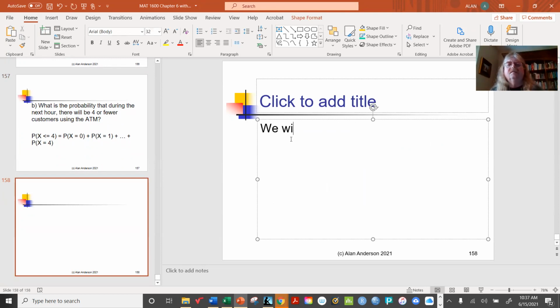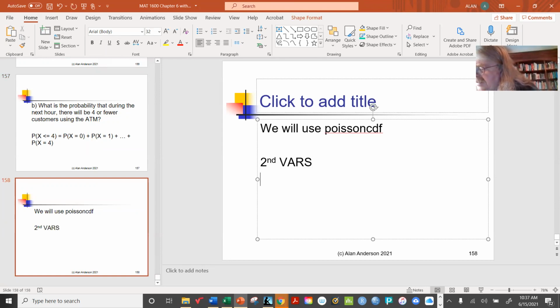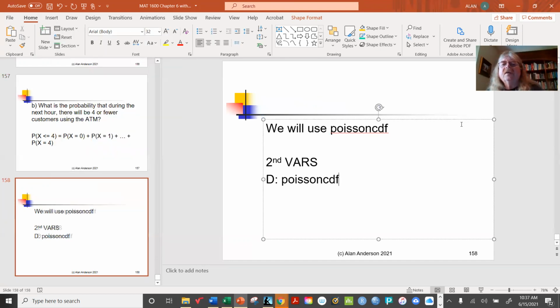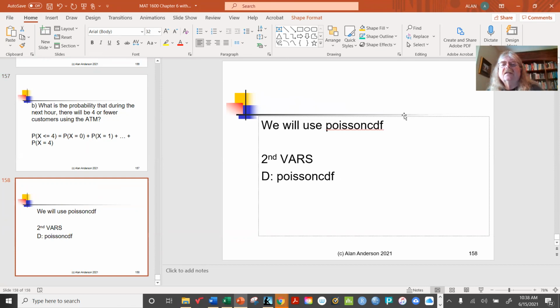Poisson CDF. So go to 2nd, VARS, and then this time we're looking at D, which is Poisson CDF. Okay, and then just like with the binomial, the layout is exactly the same.